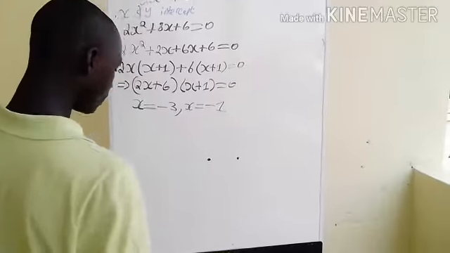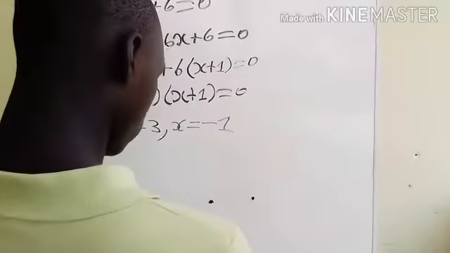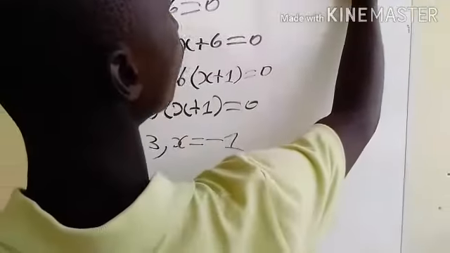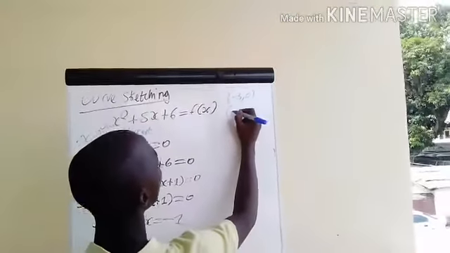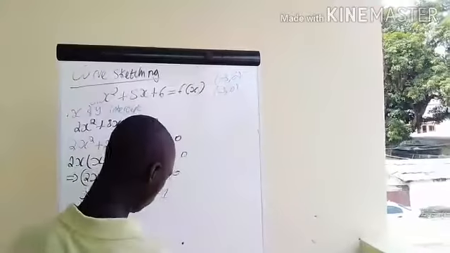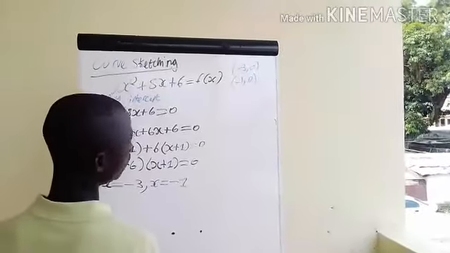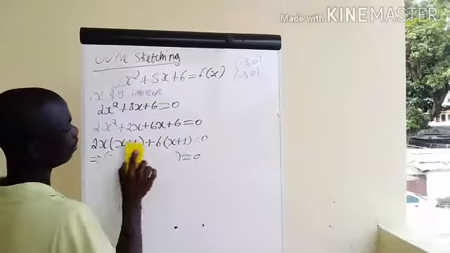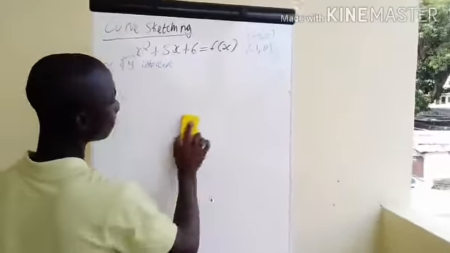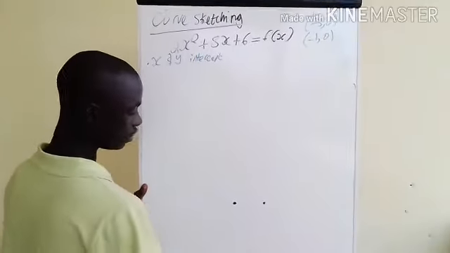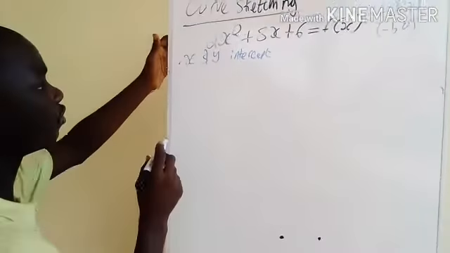So for the x coordinates, we have the points negative 3, 0 and negative 1, 0. That's for the x-intercept. Now take a look at the y-intercept. The y-intercept is simply when the value of x is 0.